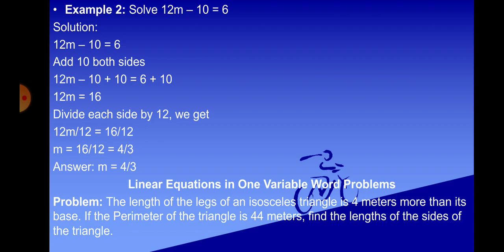Add 10 to both sides. 12m - 10 + 10 = 6 + 10, so 12m = 16. Divide each side by 12. We get 12m/12 = 16/12. So m = 16/12 = 4/3. So the answer is m = 4/3.